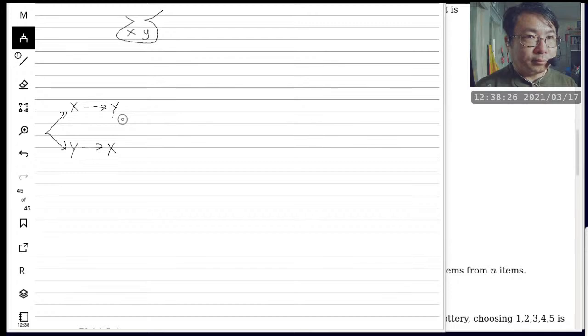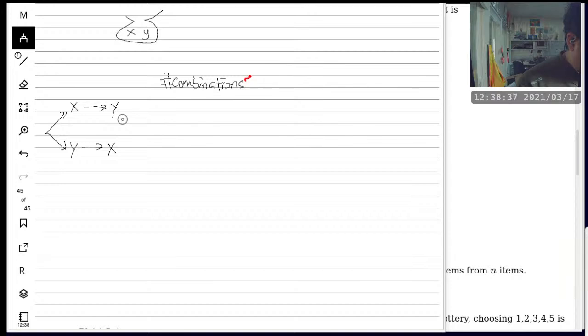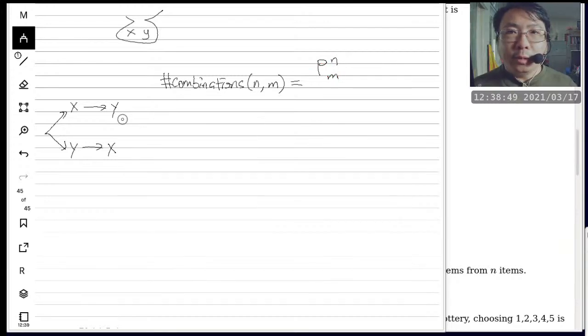All right? So when we look at the number of combinations of choosing M out of N items, we basically start with the number of permutations first. Okay, so let's start with the number of permutations. And then we realize that we are counting too many items because a lot of the permutations should be considered equivalent to each other. But how many permutations are considered equivalent?